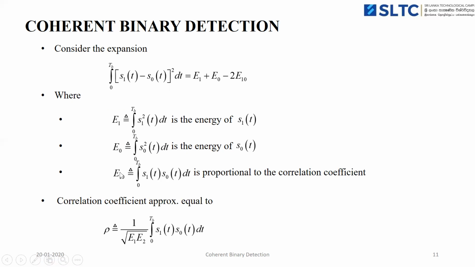We can use this E10 for measuring the correlation coefficient. The correlation coefficient is denoted by rho, equal to 1 by square root of E1 and E0, times the integration from 0 to Tb of the product of S1 of t and S0 of t dt.